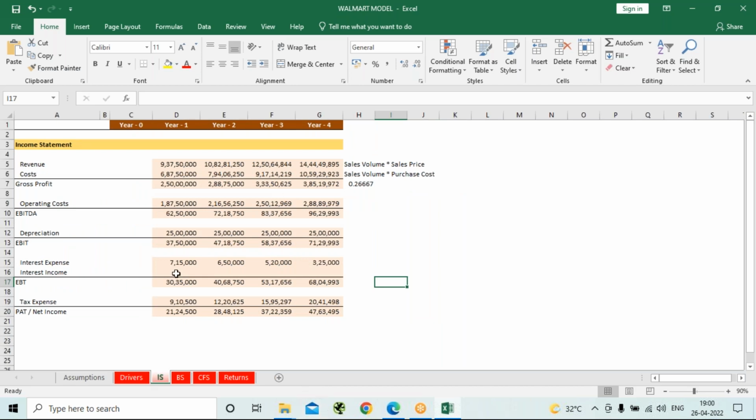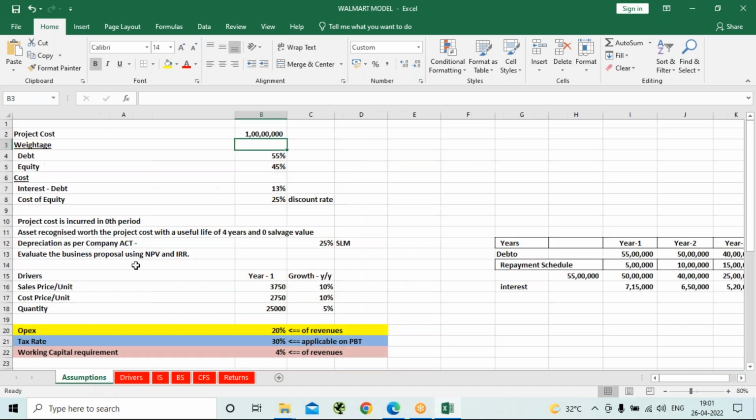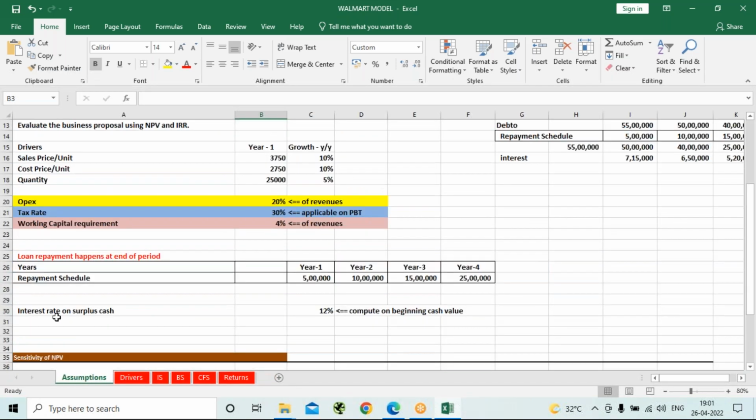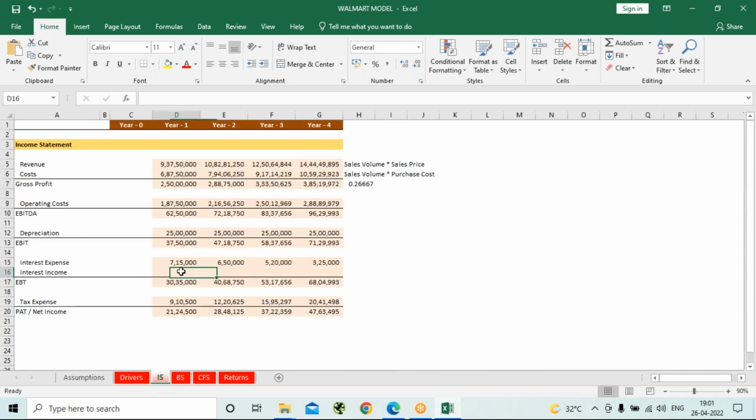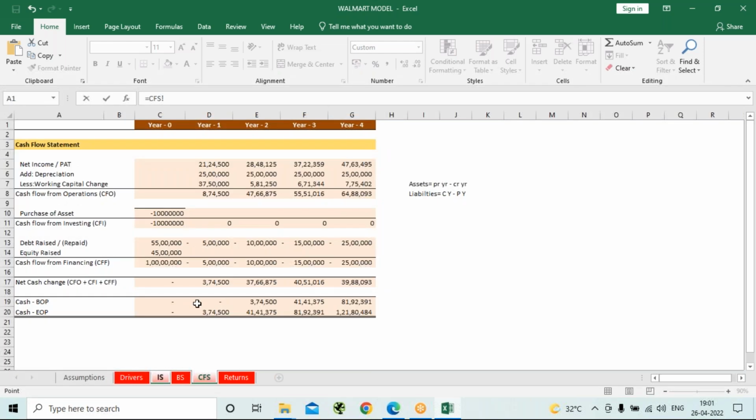And here the interest income amount, that is in the income statement, interest income. So there is 12% income expected from the cash BOP value. So let me go here, equals to whatever value we have, the cash flow statement BOP value from year 1.